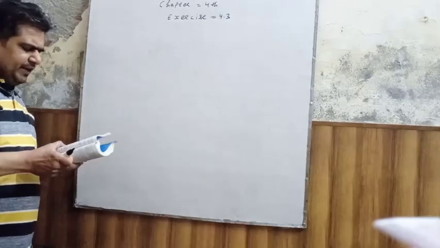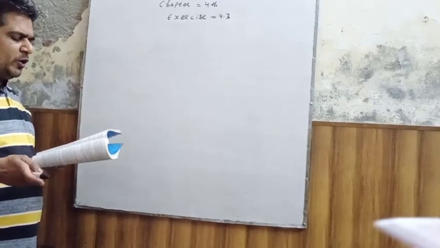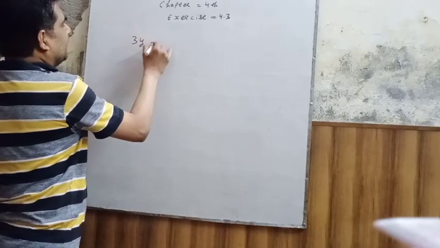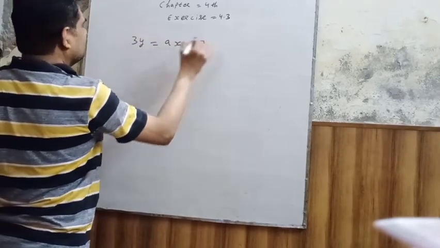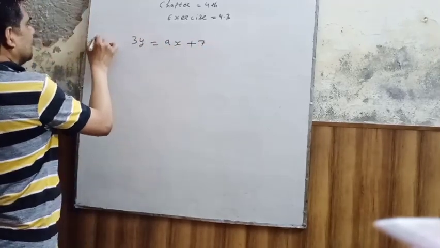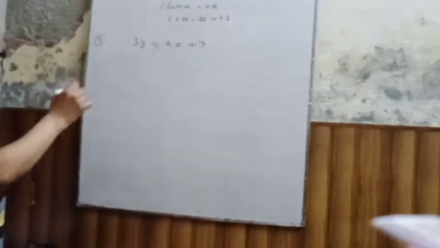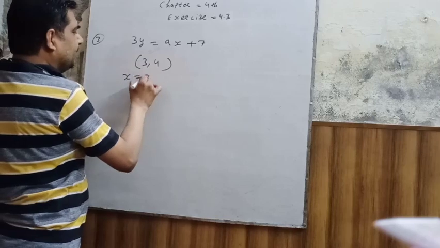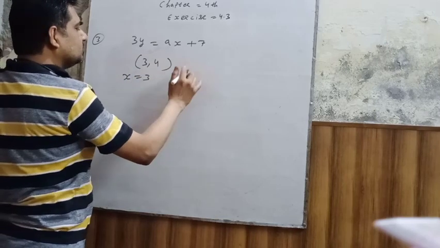In sum number 3, if the point (3, 4) lies on the graph of the equation 3y equal to ax plus 7. Third sum. (3, 4) means x value 3, y value 4.